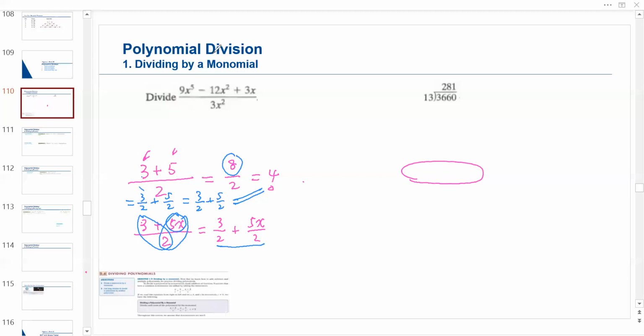This is similar to our polynomial division. So when there are multiple terms in the numerator, we know the fraction. When you do a divide, the top part is called the numerator, and this is the denominator.